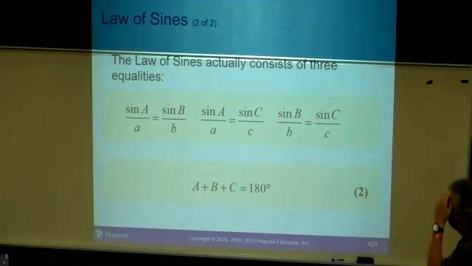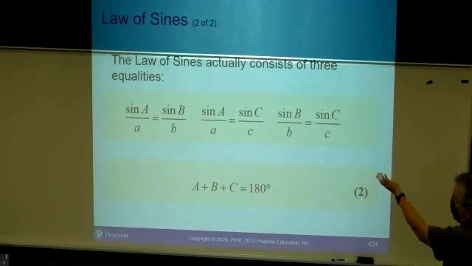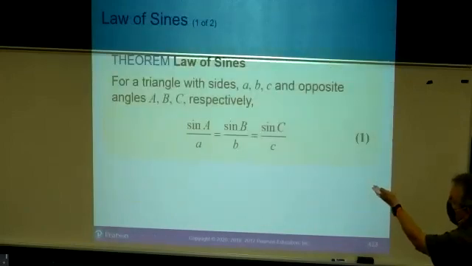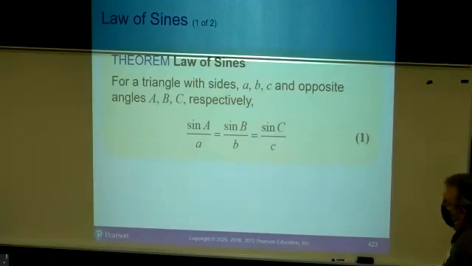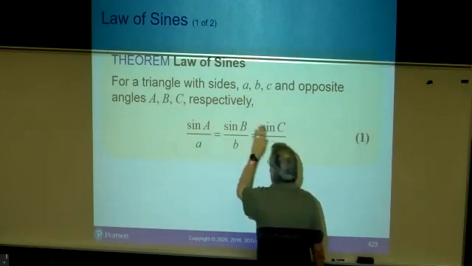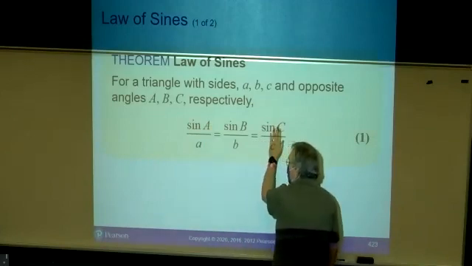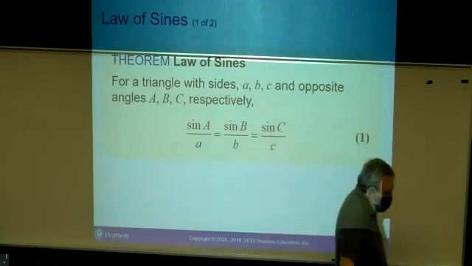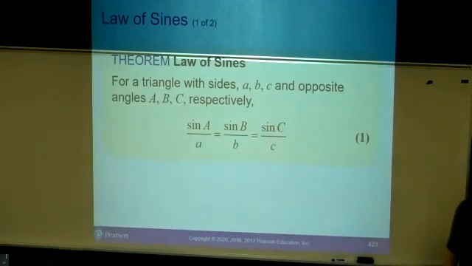Because of the transitive property and substitution property of equality, instead of writing these three equations, we just write it this way. The transitive property means that the beginning equals the end, and the end equals the beginning.